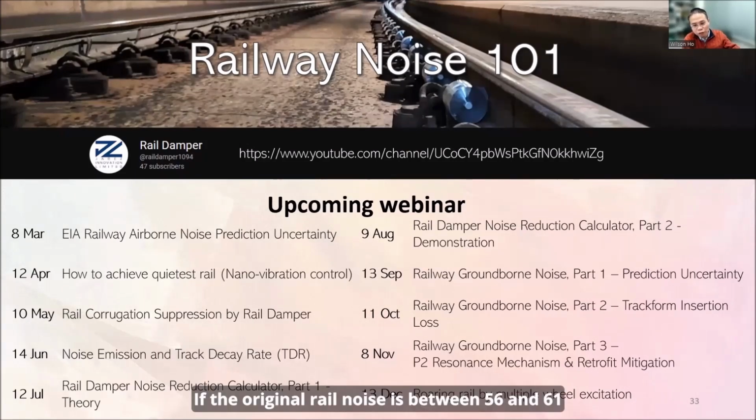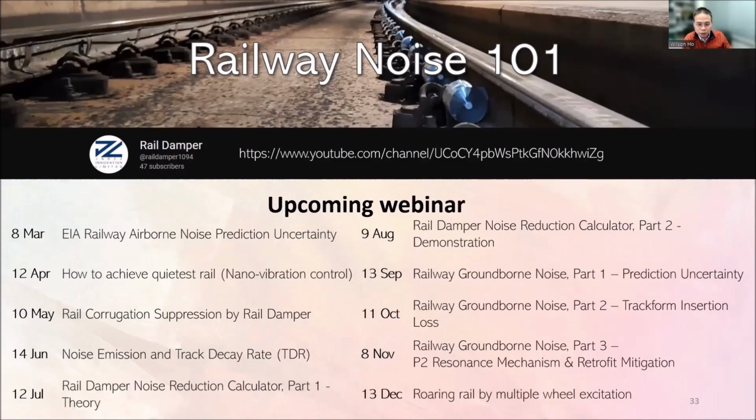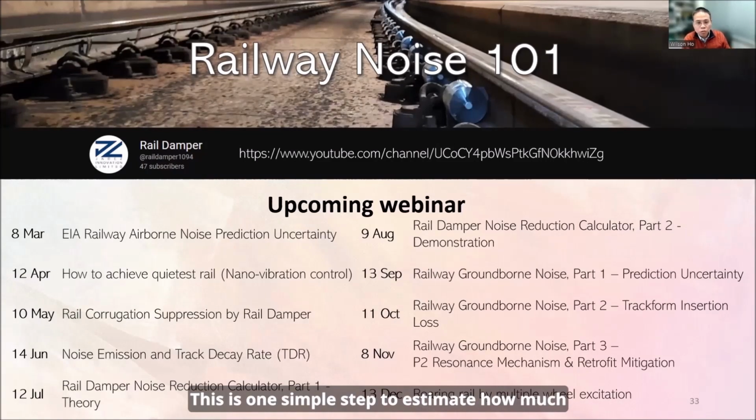So if originally your rail noise is between 56 and 61, once you install the rail damper, it would be maybe 53 to 55, the noise level from the rail. So this is one simple step to estimate how much noise reduction you get by installing an effective rail damper.